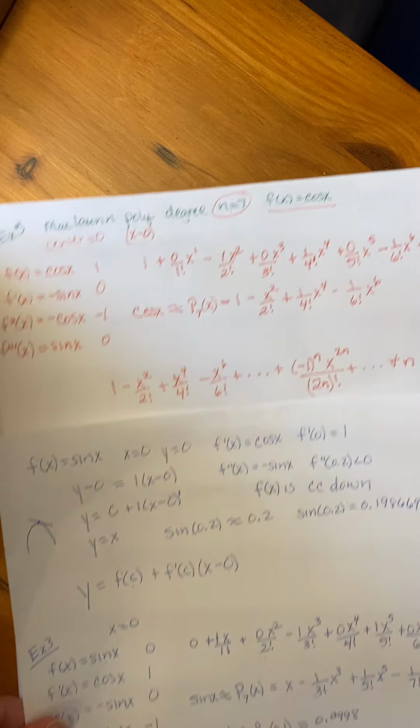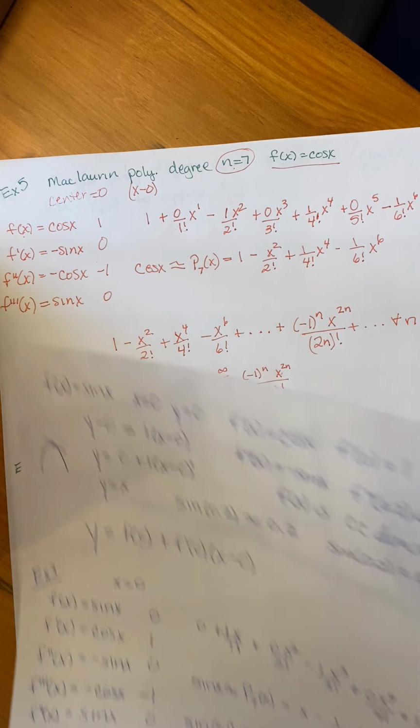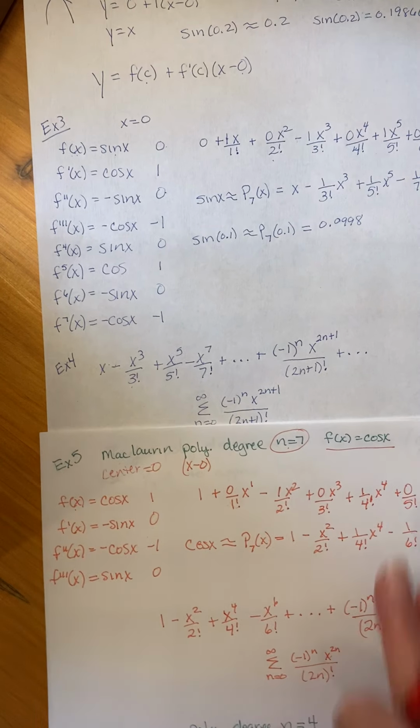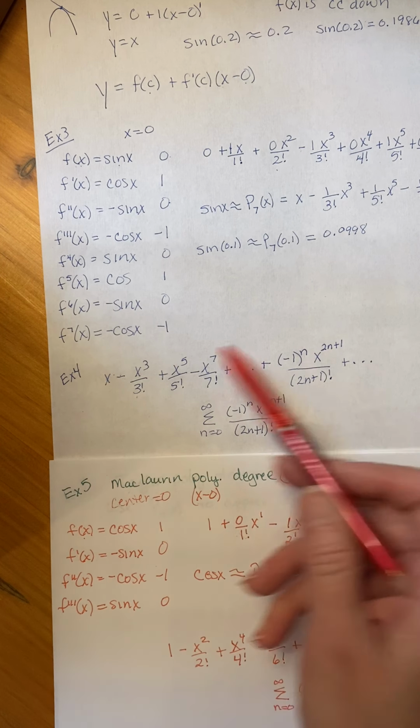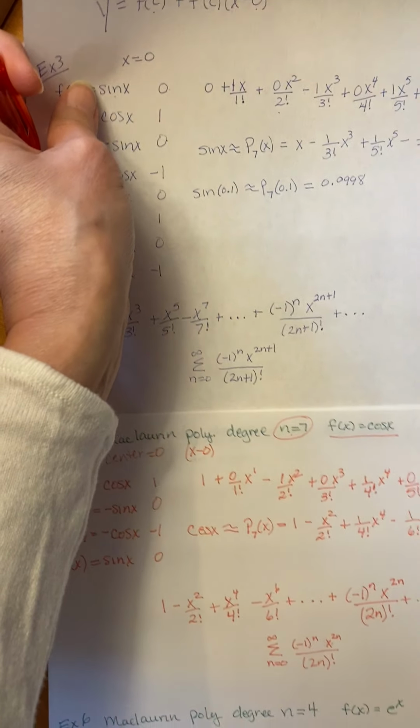I would like us to take a look at, remember we did sine yesterday? We'll switch this. High technology going on here. So remember yesterday we had the sine one, and now we have the cosine one. Do you see patterns?